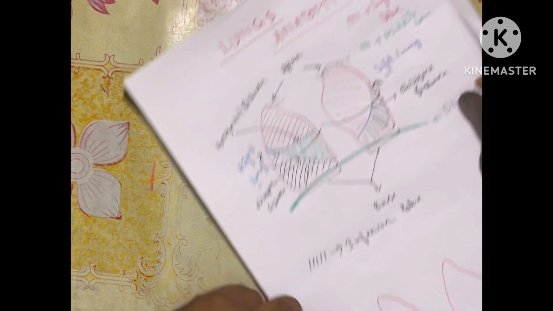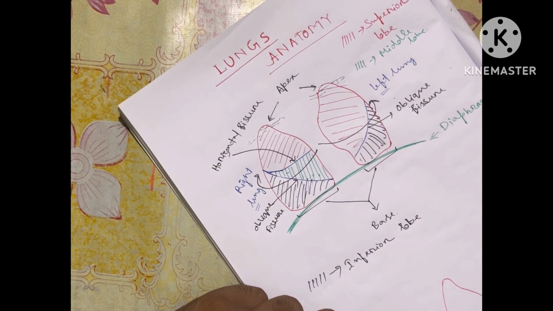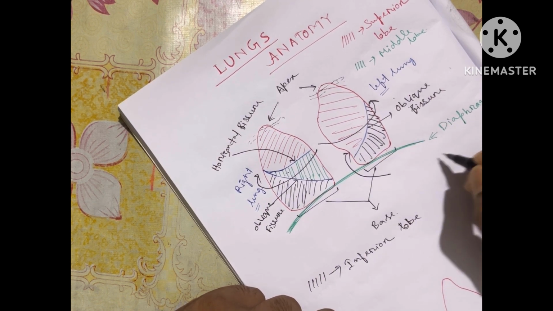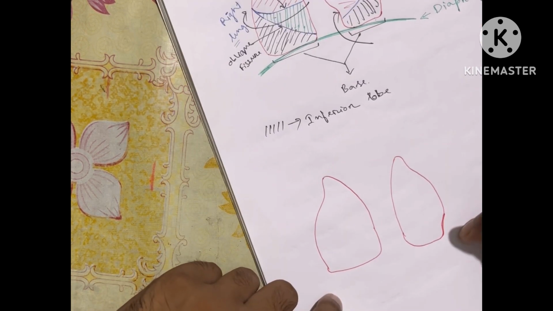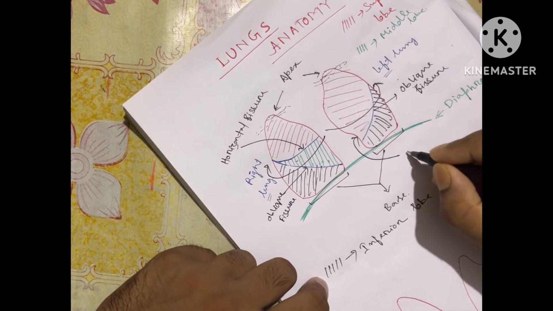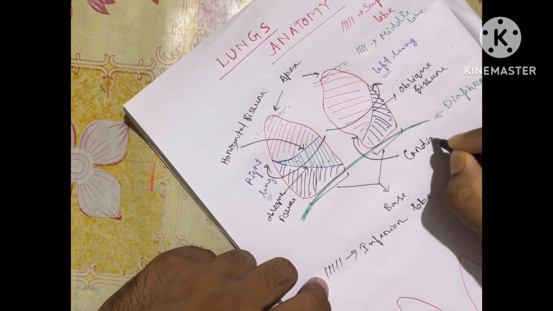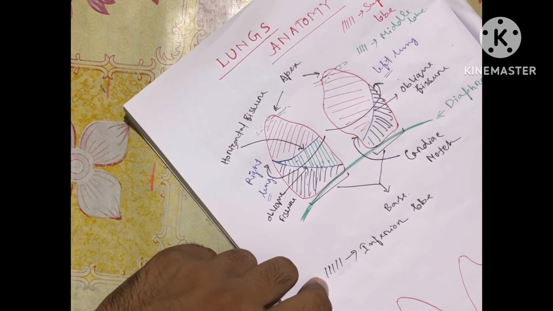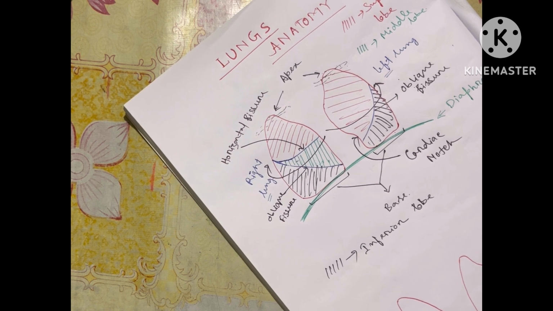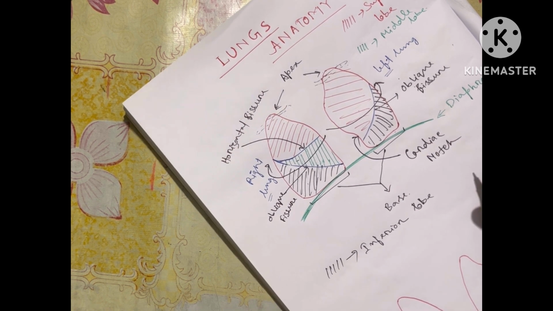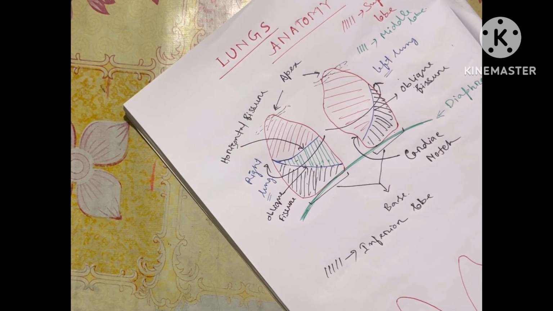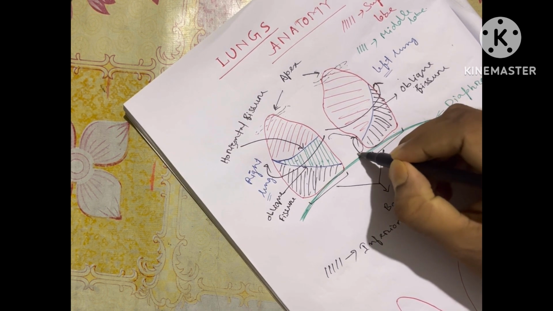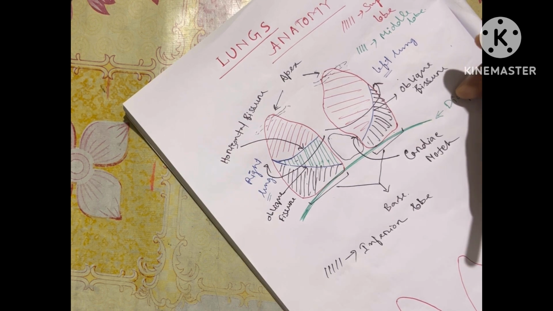So why is this depression present? This depression is called the cardiac notch. Cardiac notch means that here our heart is present.